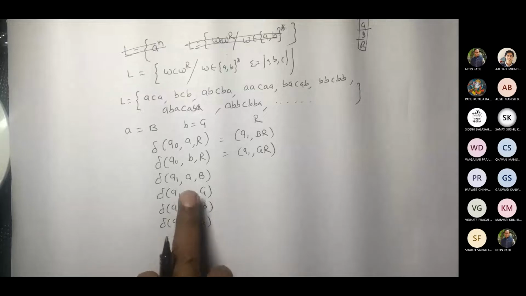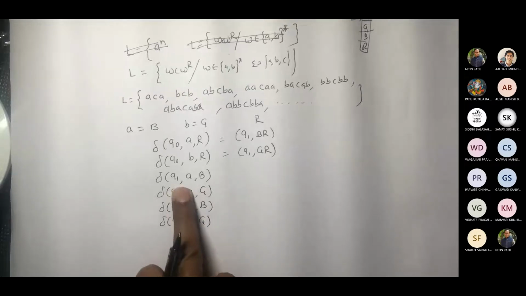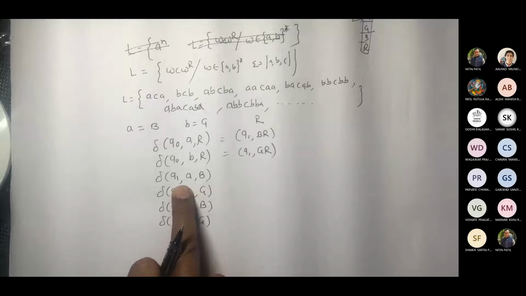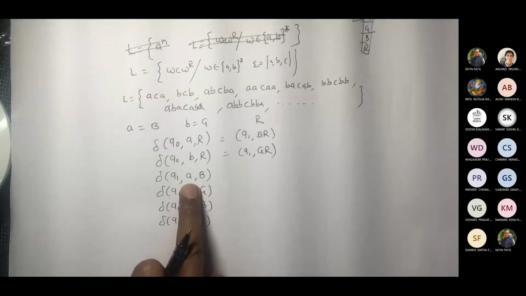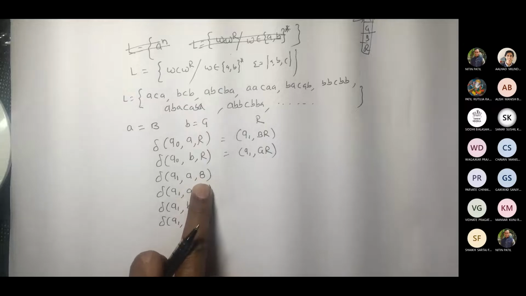What exactly does that mean? I'm in Q1. That means I've processed the first symbol on the tape. I am getting A again at the second symbol, and earlier also I saw A. That's why at the top B would be there. Correct?